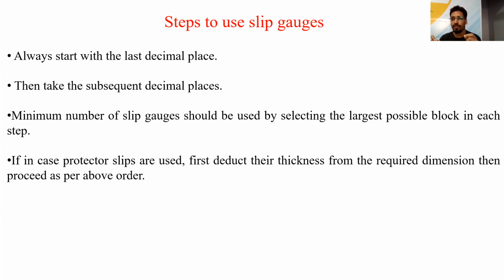Why 2.5? 2.5 is placed at the start of the dimension and a 2.5 mm protector gauge is provided on the last corner. So from 15, this 2.5 and this 2.5 get subtracted, and the remaining 10 mm we have to make with the help of slip gauges. These are the steps in which slip gauges are used to make a dimension.